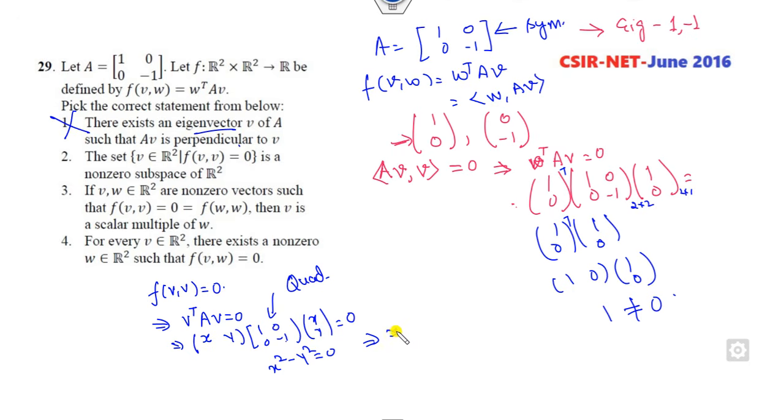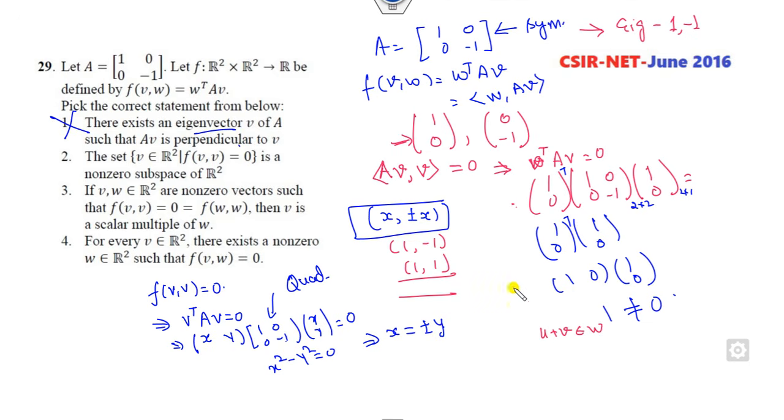So x is plus or minus y, and the subspace will be (x, plus or minus x). Now you can see 1 comma minus 1 is satisfied and 1 comma 1 is satisfied. But if you add them, because of subspace properties, u plus v should also belong to it. So 2 comma 0 is not of this form, so this option is also cancelled.